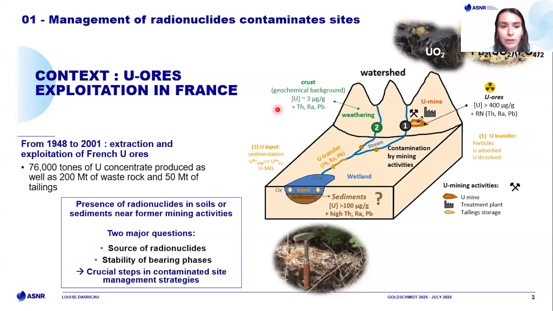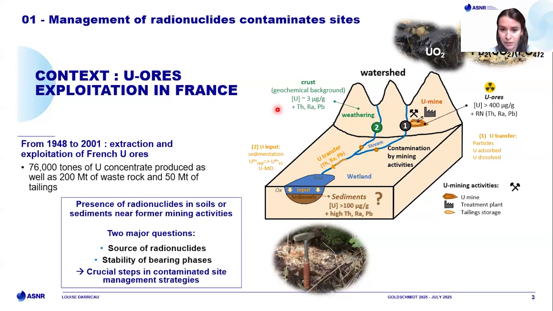For a bit of history, French uranium ore was exploited from 1948 to 2001, with extraction and exploitation of the uranium ore, which led, of course, to the production of uranium concentrate and also waste rock and tailings. During those extraction and exploitation activities, some contamination could have occurred, leading to enriched radionuclides in some environments, such as sediment, soil, wetlands.